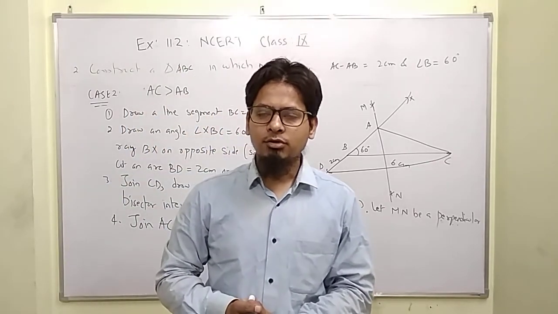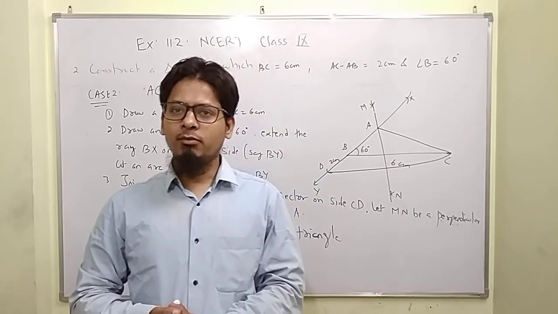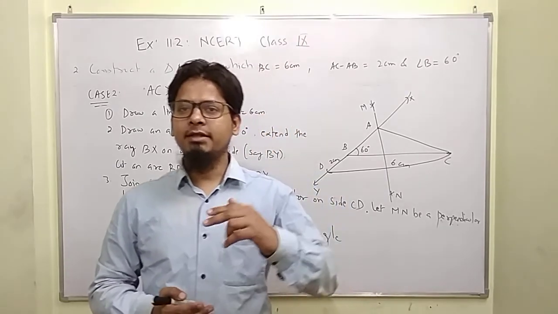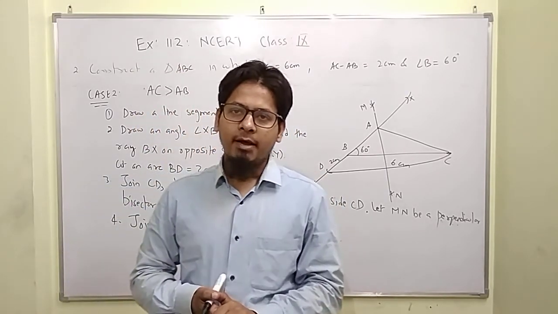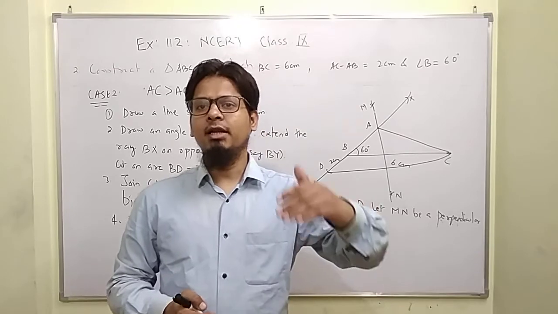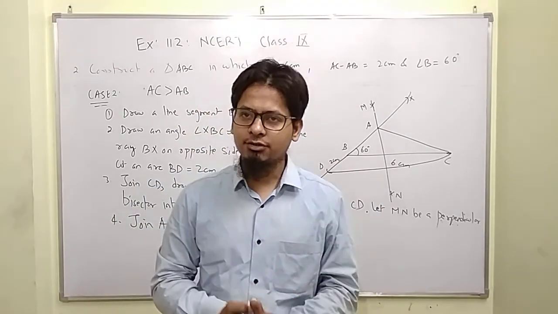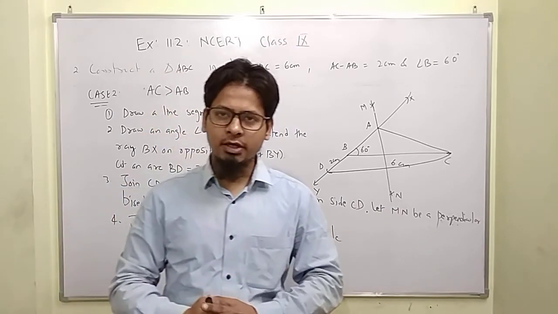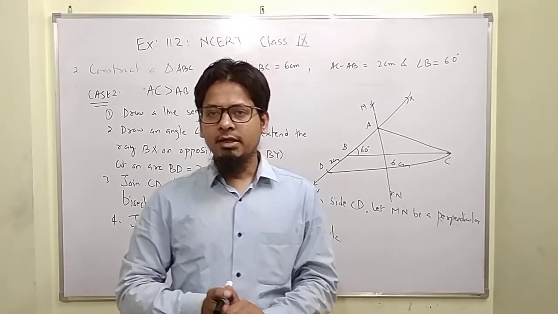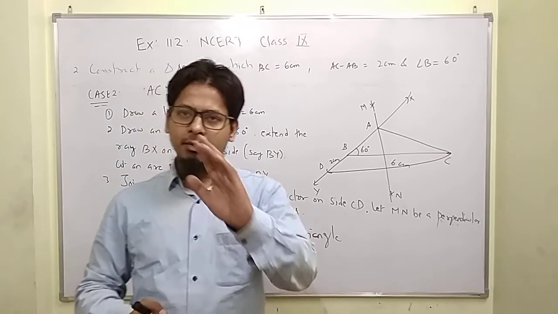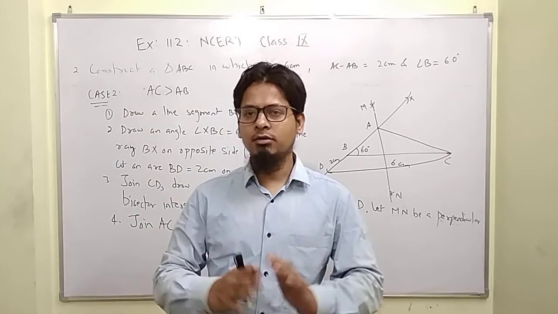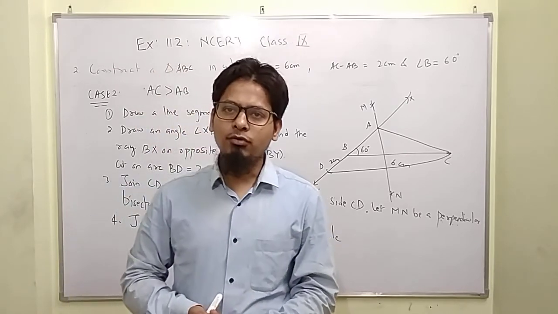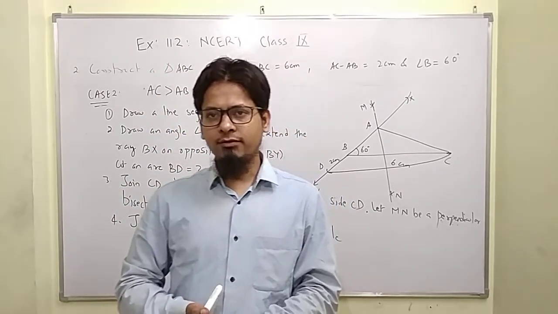We have seen three things: when the sum of two sides is given, and when the difference of two sides is given, with different constructions when AB is more than AC and when AC is more than AB. You have to learn these constructions. The wording of the question is not a big matter, you can make it yourself, but the important thing is that you learn the steps for this construction.